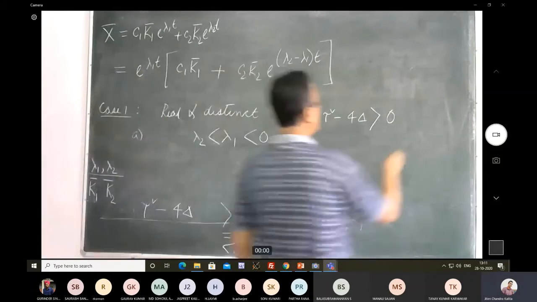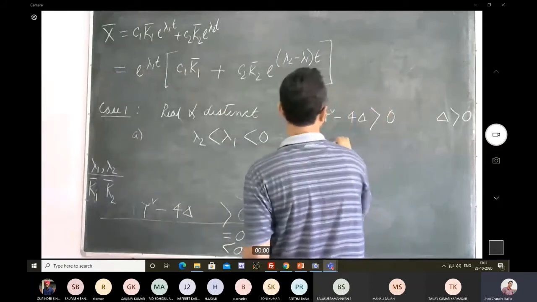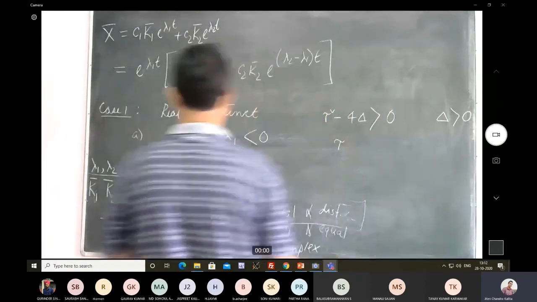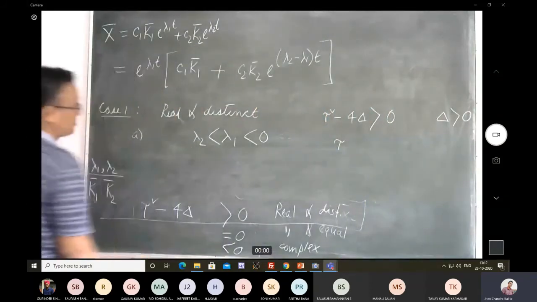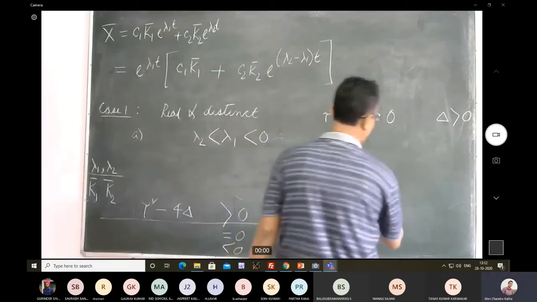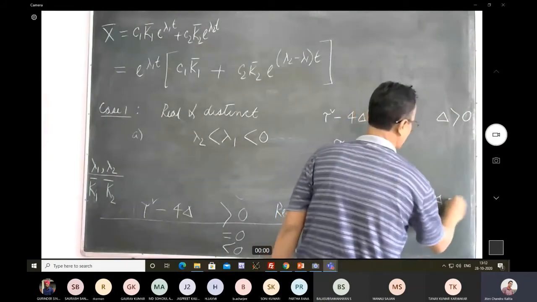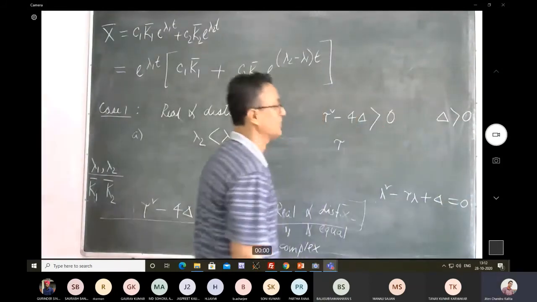Obviously here delta has to be greater than 0, and tau will be less than 0.